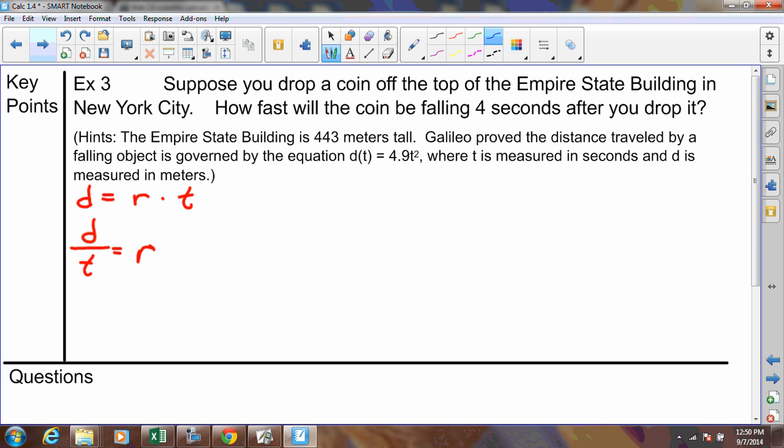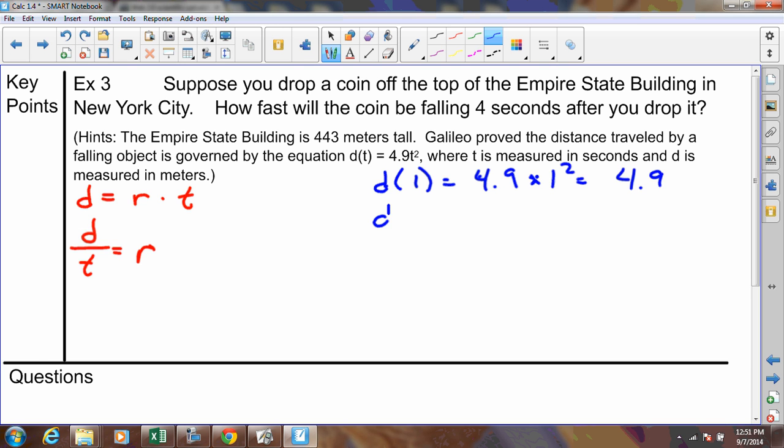All right, so let's start here. At a time of 1 second, we'd have 4.9 times 1 squared, and 4.9 times 1 squared is 4.9. That tells us if you drop an object, after 1 second it will have fallen 4.9 meters.